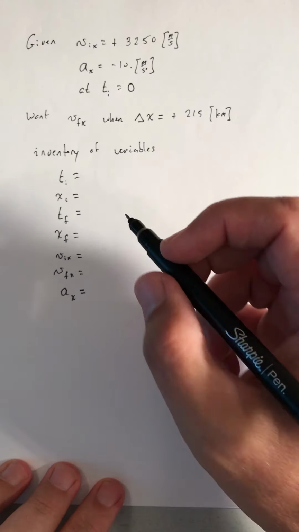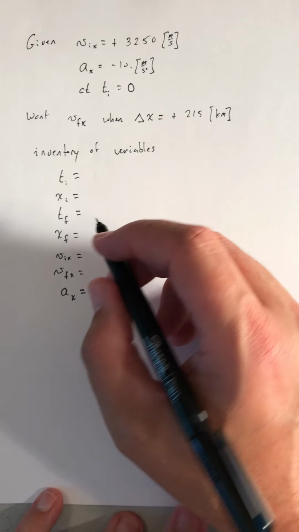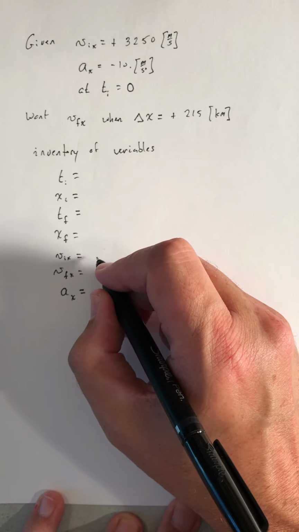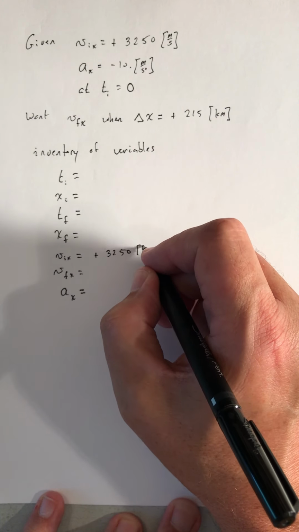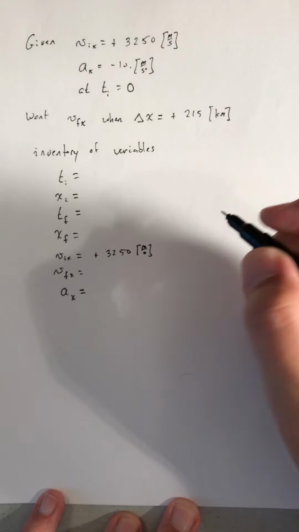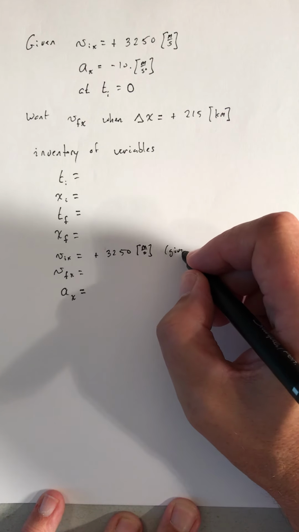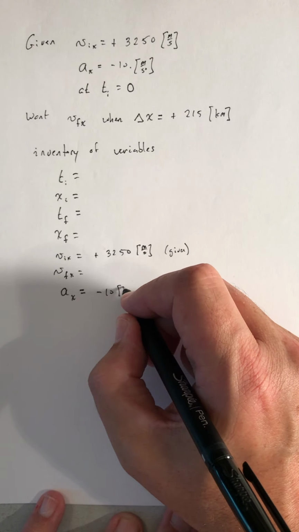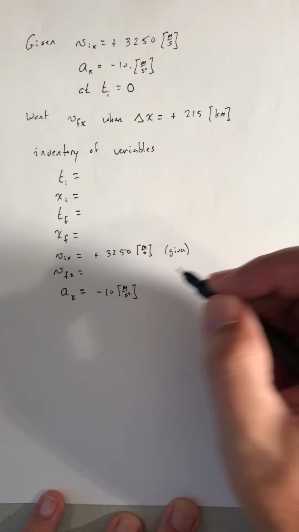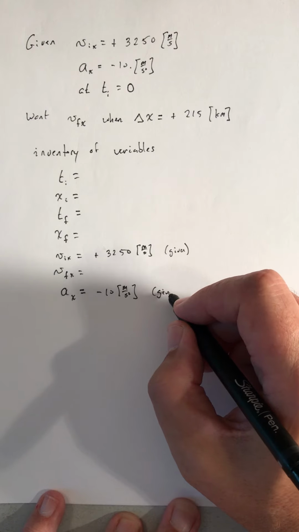All right, so things that we're given to start with: initial velocity plus 3250 meters per second. That was given. Acceleration minus 10 meters per second squared was given.